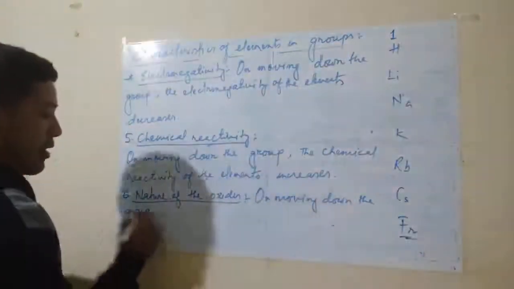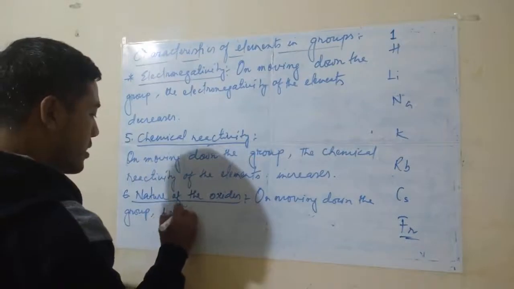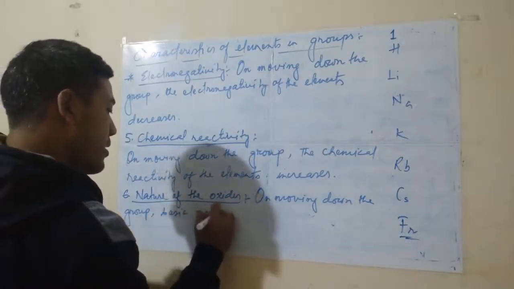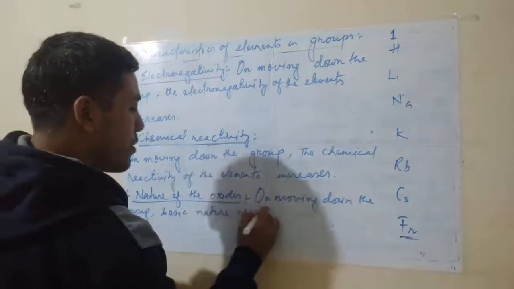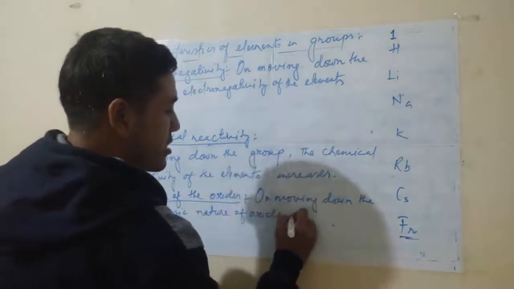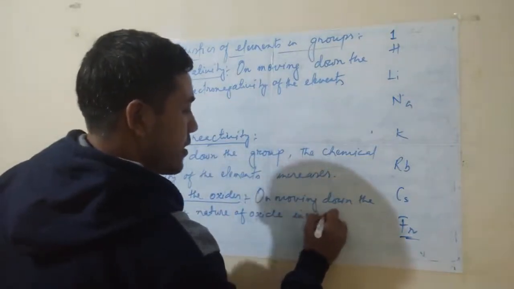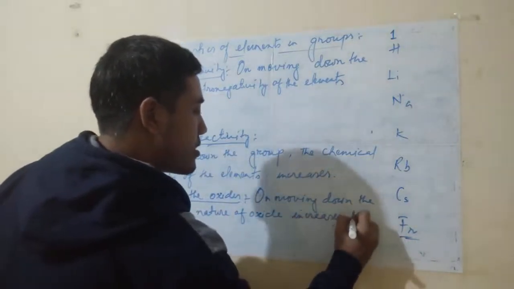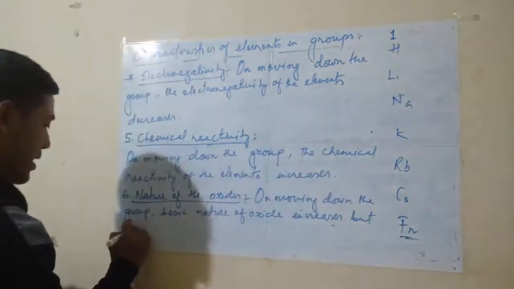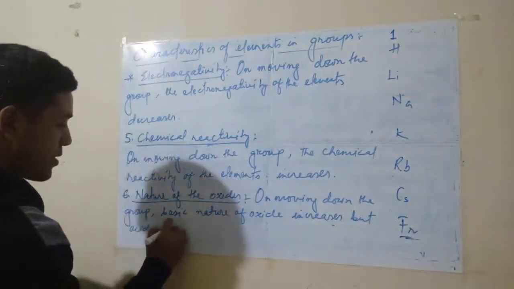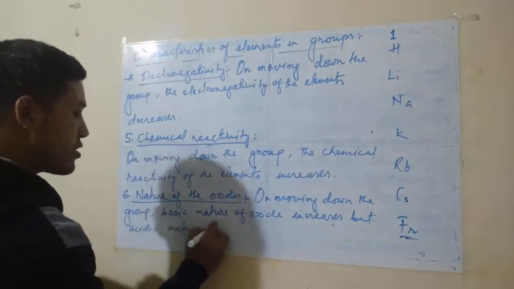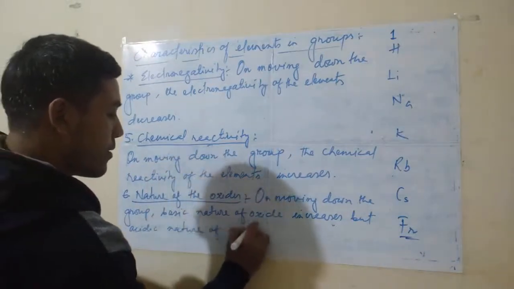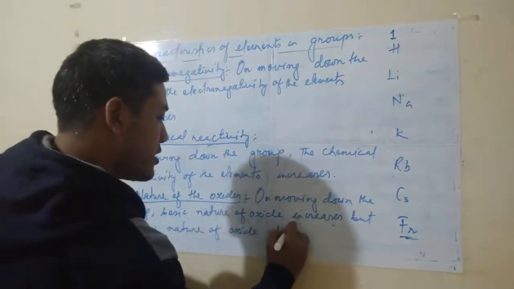That is, on moving down the group, the basic nature of oxide increases, but the acidic nature of oxide decreases.